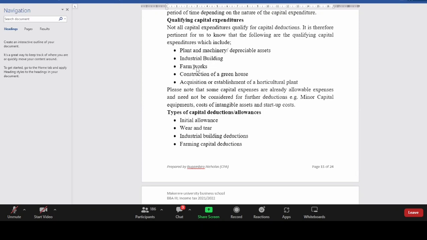But how much? You don't just say it is allowable. You look at what the act says. You will find it is related to initial allowance. It is 20%. You're going to see how it works on that greenhouse. Then acquisition or establishment of a horticultural plant. That also we are going to find again when we go to farm works. It is related to farm works.